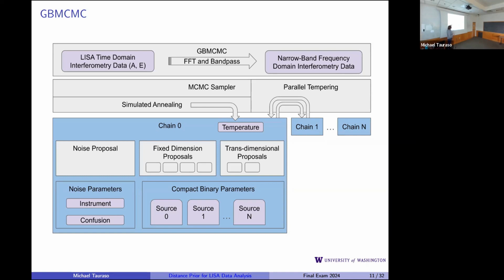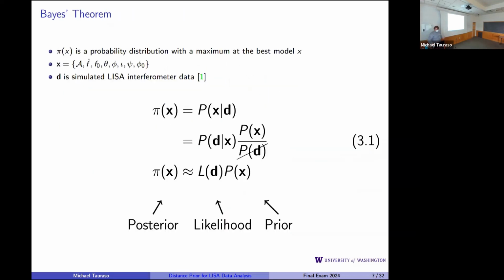The reason it's using multiple chains is because it uses two different algorithms that depend on temperature. So it has this temperature parameter. The temperature parameter operates on the likelihood. And so if we go back to the likelihood, it takes the likelihood to the power of 1 over the temperature.